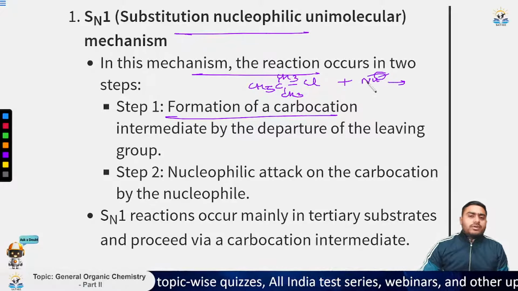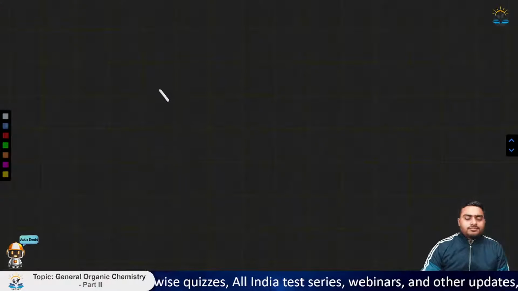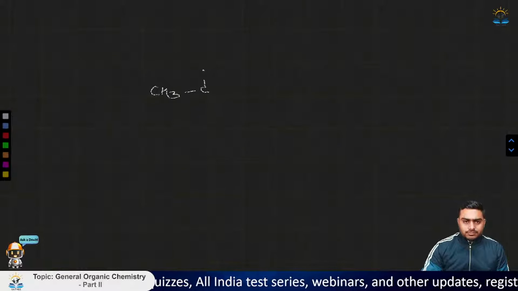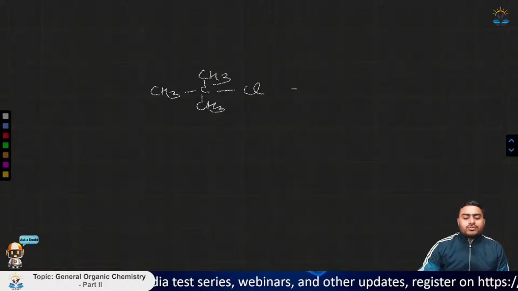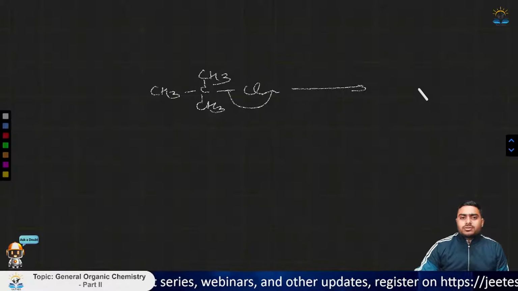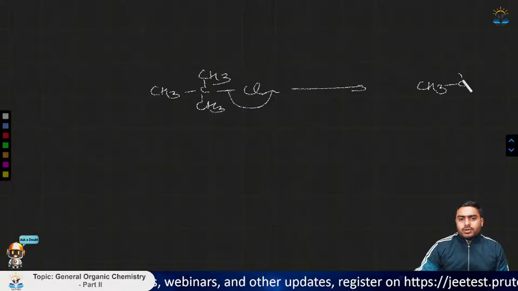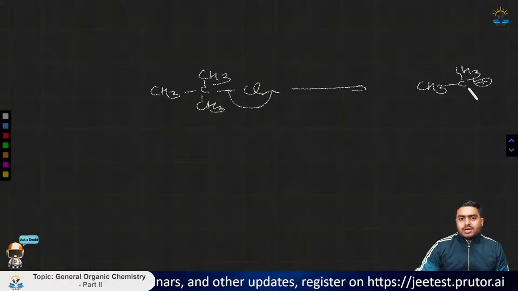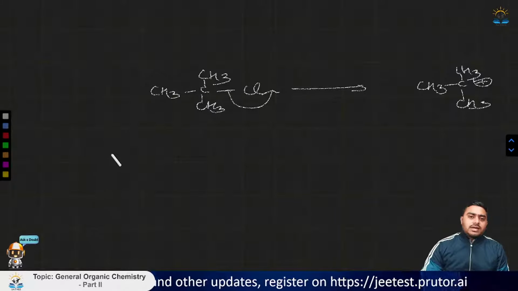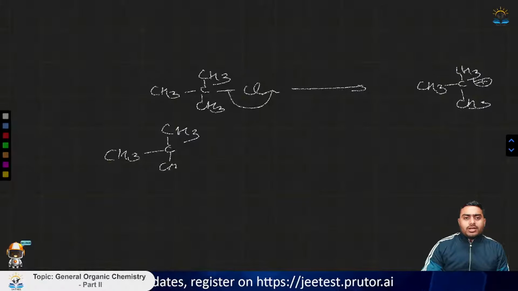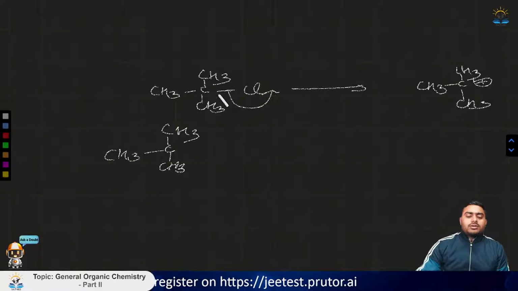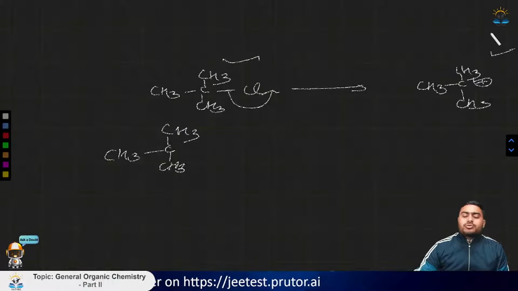Then you will get, I am writing here, this is Cl. So first step is removal of this leaving group or formation of carbocation. Then the second step will be attack of nucleophile, right? You will get, this is tertiary butyl chloride, this is tertiary butyl carbocation.